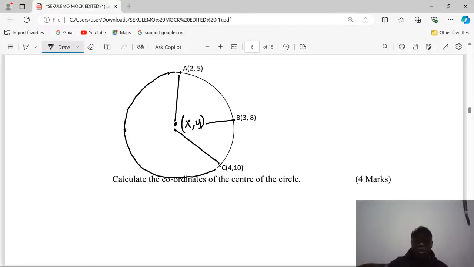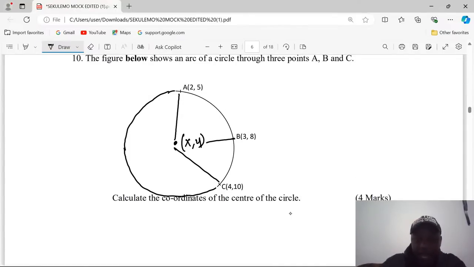And now that there are coordinates provided, we can apply the vector approach, whereby I will say from A to the center, assuming the center is center O, or distance AO, from A to the center, let me show you.